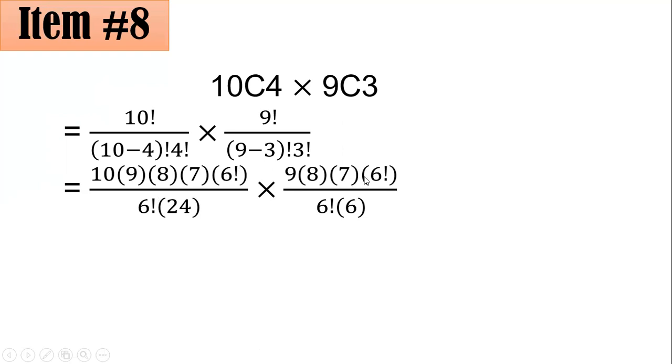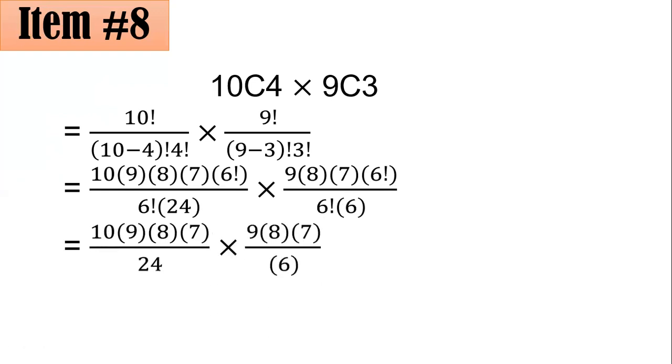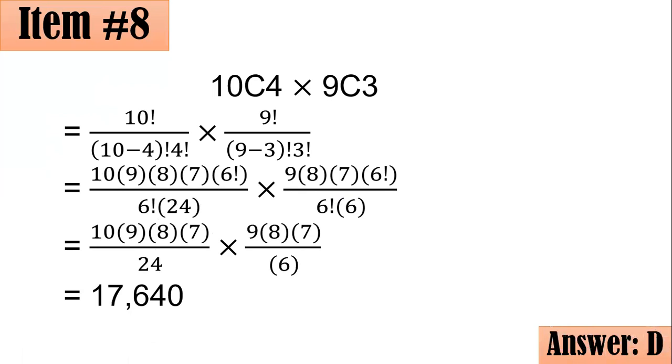In the same manner that 6 factorial could also be divided in the numerator and denominator of this one. And what's left is this expression. I just copied it from here, but removed all the 6 factorials. And using your calculator, you should be able to get 17,640 ways in all. So letter D is the correct answer.